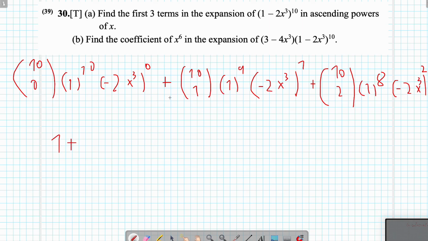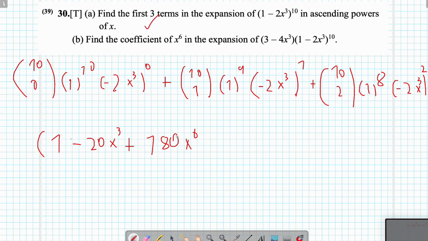So 1 plus 10C1, which is 10, times -2x cubed, which is -20x cubed, plus 10C2, which is 45, times (-2x cubed) squared, so 45 times 4, 180x to the 6. And that's part A done.